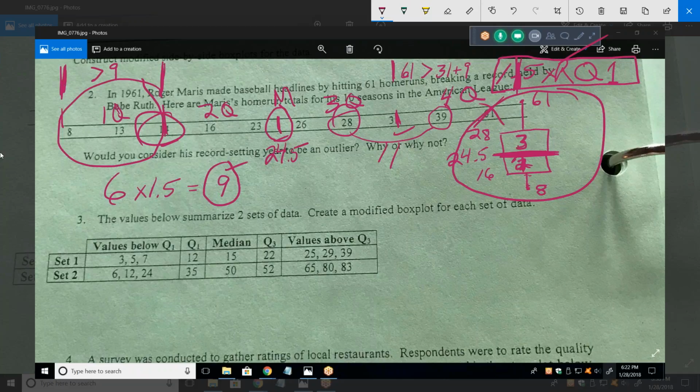So one could almost make the argument that 39 is an outlier, but I don't think so. I think it has to be 9 points away from that number. And I think 8 has to be 9 points away from 14. 8 is not, and nor is 39. So the only outlier is 61.